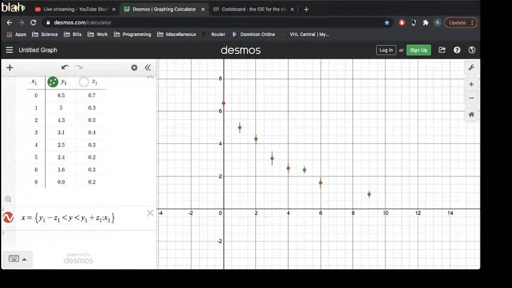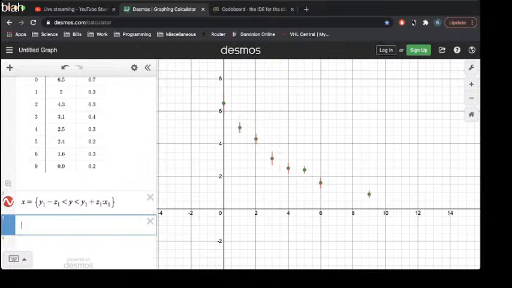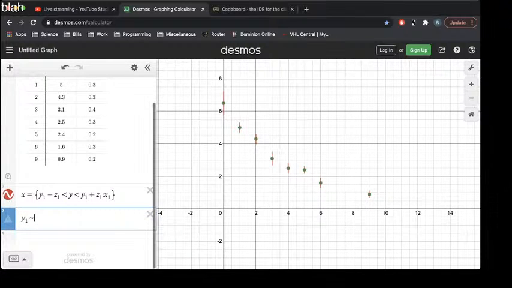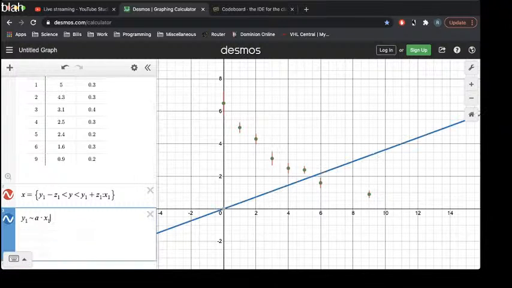Okay. So it turns out that Desmos can actually do curves of best fit. So let's suppose I think this is a linear relationship. So what I'm going to do is I'm going to say y1. If I want Desmos to do a curve of best fit, you do y1 squiggle a times x1 to the b, or plus b.